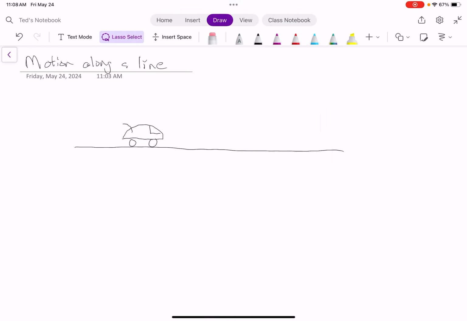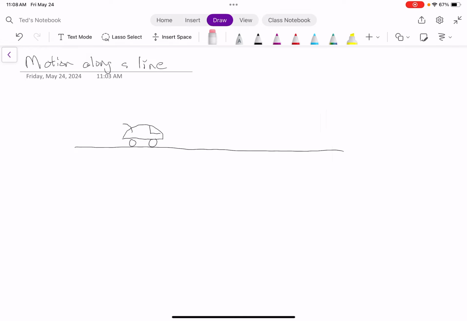along a straight line. Our first thing is just to say where the object is, to find its position. In order to do that, we need a coordinate system, because I can say the object's right here, but right here might not be particularly helpful if I'm trying to describe that to somebody else.